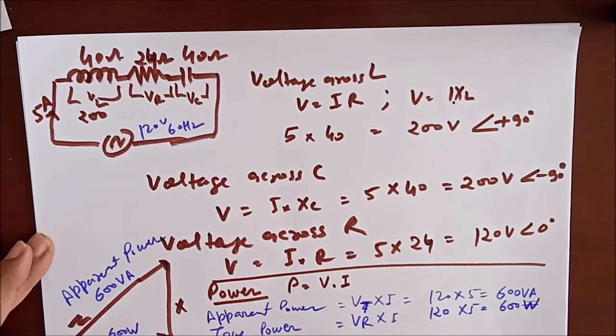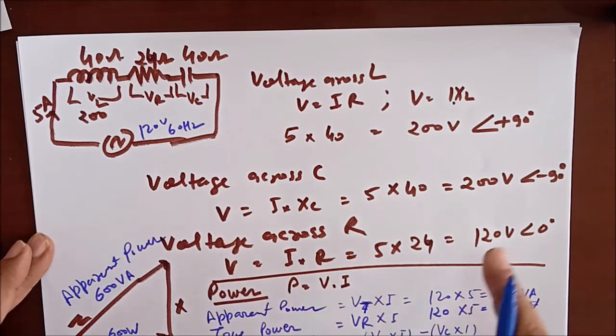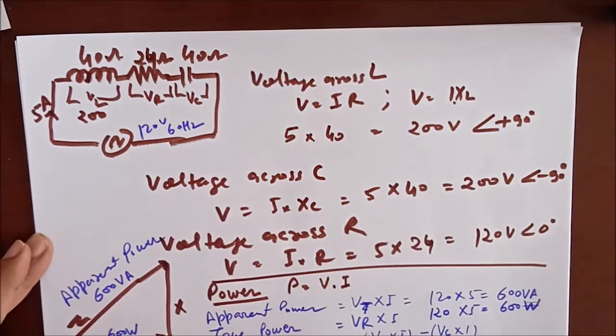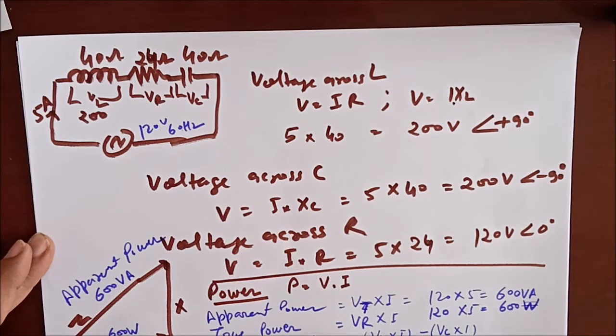Now coming to the reactance power. Net reactance power in the resonance case is 0, but how? I'm showing you clearly. First, voltage across inductance into I minus voltage across capacitor into I. So these two powers we have to use together, and these voltages are 200 volt and 200 volt. 200 volt into 5 minus the other 200 volt into 5.